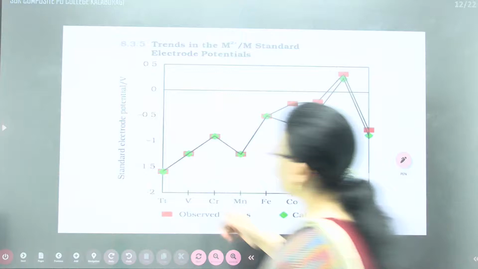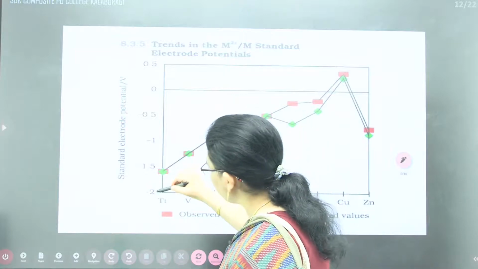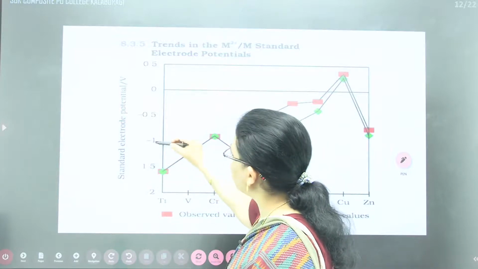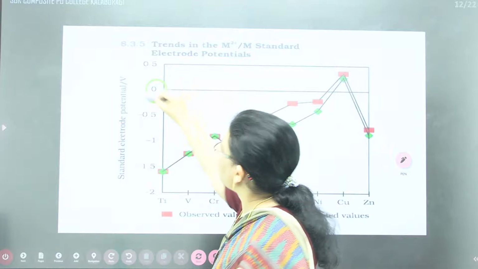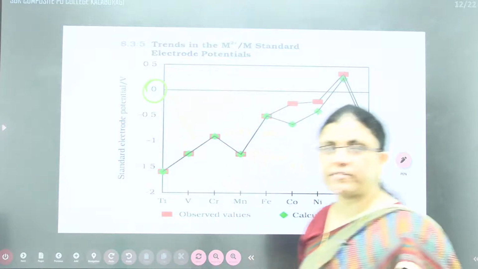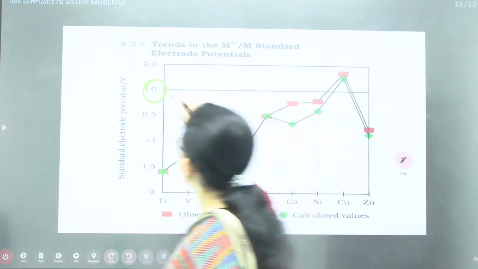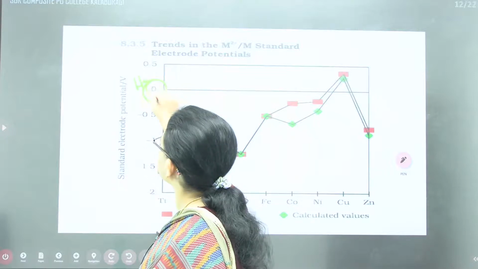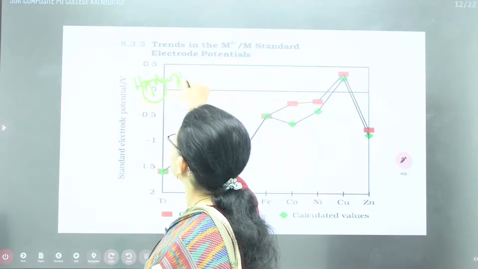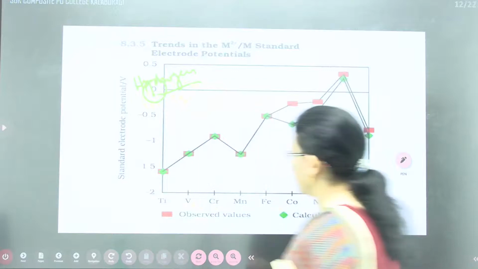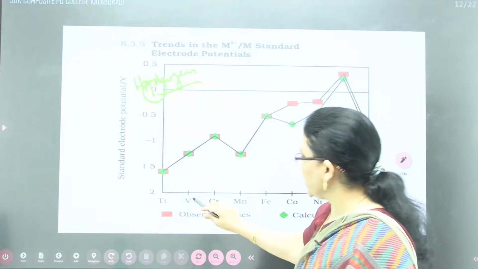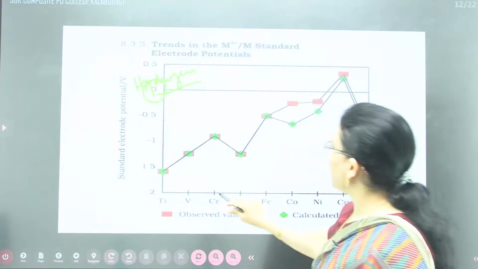If we look over here, the standard electrode potential goes from -2, -1.5, and here we have come to 0. That is SHE. 0 corresponds to what? Hydrogen. You can see over here from titanium, vanadium, and chromium.